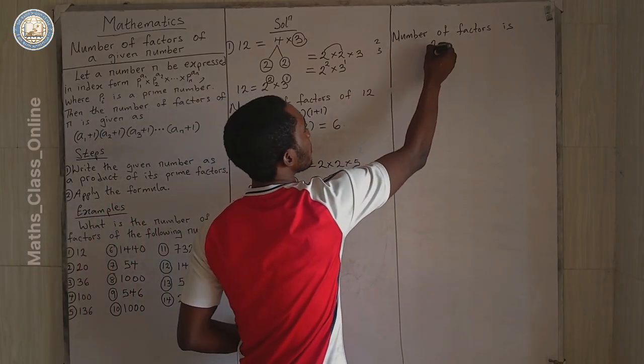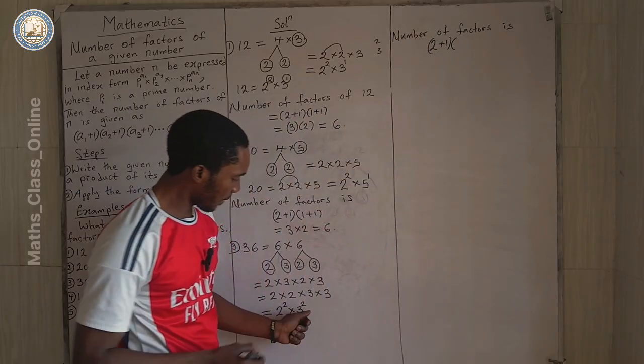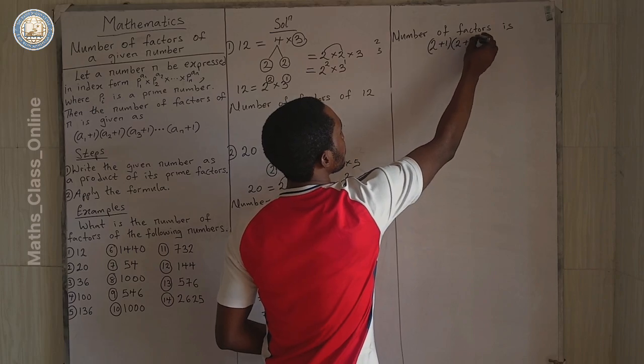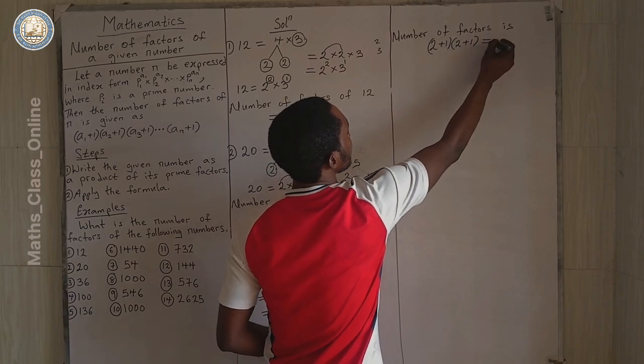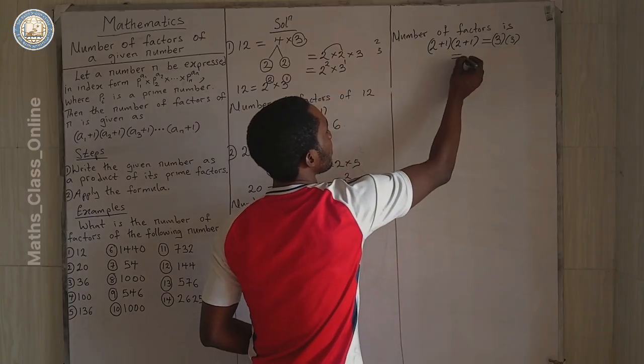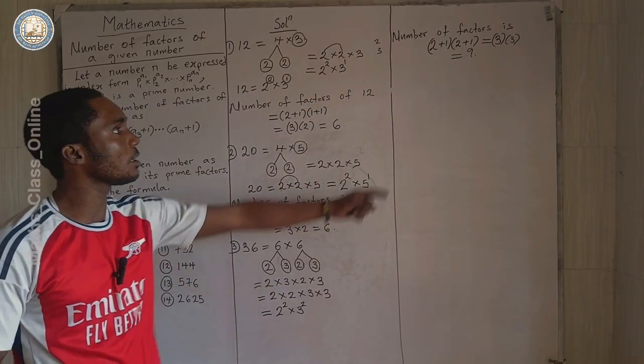Add 1 to it, 2 plus 1. Another bracket. The power we have here is 2, so 2 plus 1. This is equal to 3 times 3, that is 9. That means that the number of factors of 36 is 9.